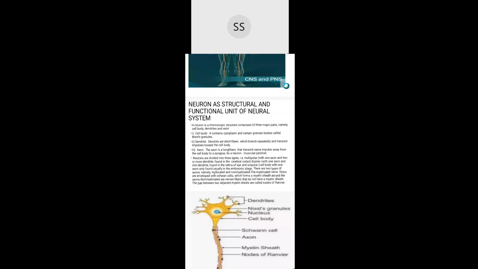There are two types of axon, namely myelinated and non-myelinated. The myelinated nerve fibers are enveloped with a Schwann cell, which forms a myelin sheath around the axon, and non-myelinated are nerve fibers that do not have a myelin sheath. The gap between two adjacent myelin sheaths is called node of Ranvier.